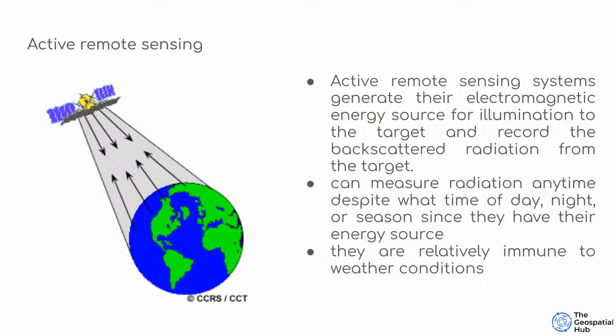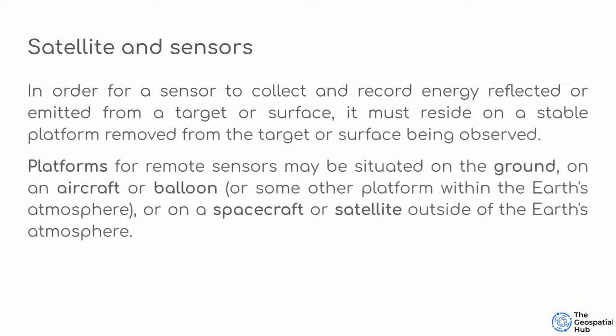So next up, we'll be moving on to satellites and sensors. So basically, for a sensor to collect and record energy, it must be on a stable platform. So if you noticed, I've been trying to be so careful with the words sensor and satellite in week 1 and week 2.